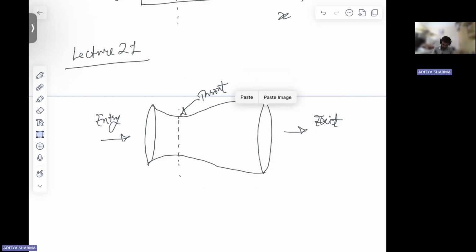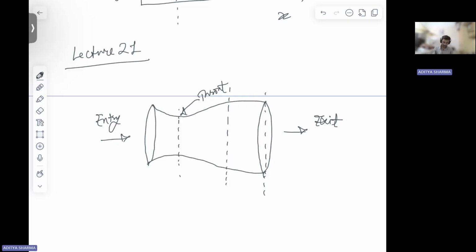So now this is your exit. What happens is your flow is moving through this nozzle.